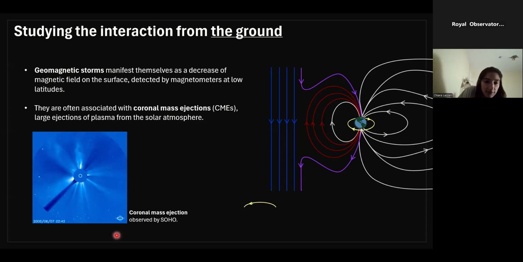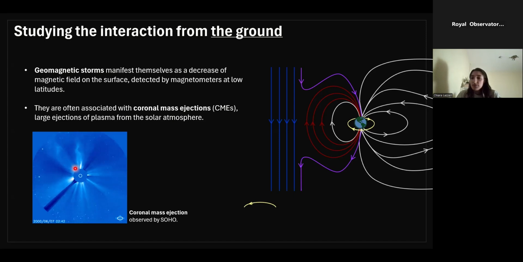Here you have a coronagraph from the SOHO spacecraft, and with this instrument, we cover the solar photosphere, which is very bright, so that we can see the corona here. Right here, you see this large eruption, and that's exactly what a coronal mass ejection is.